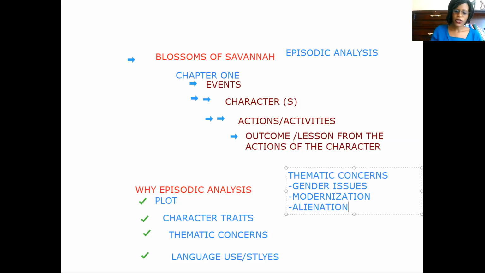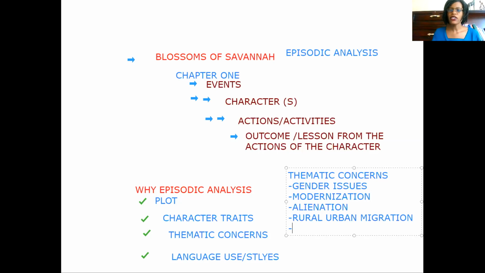In modernization, we also get to learn about rural-urban migration. And then we also learn on, we could say transportation, but it's still under modernization.